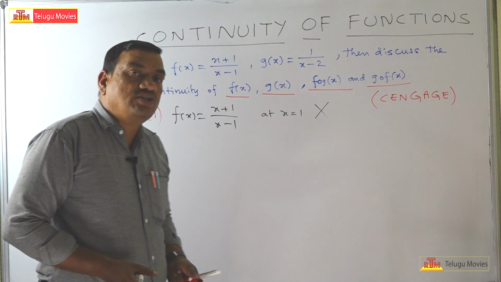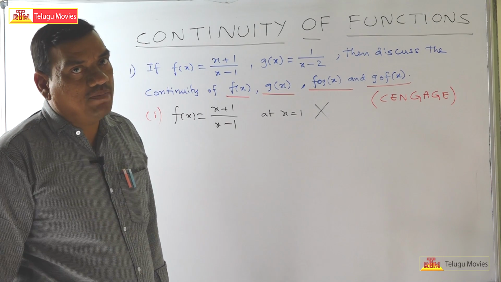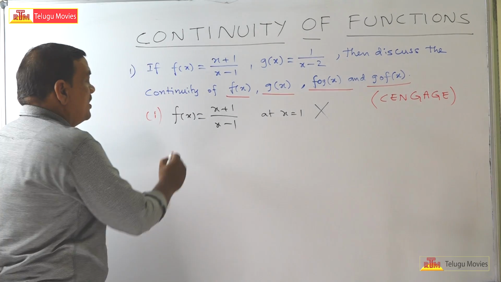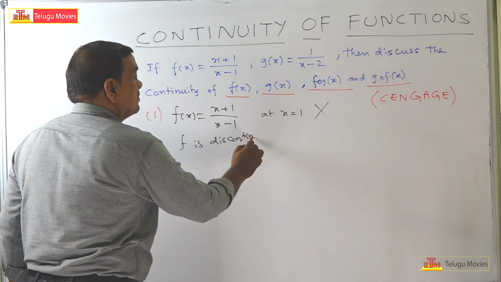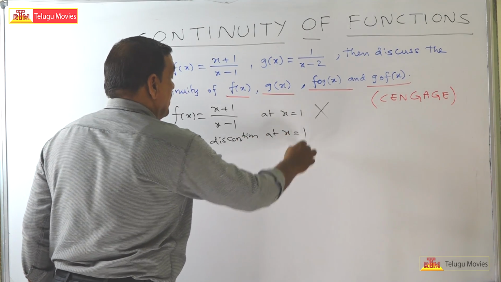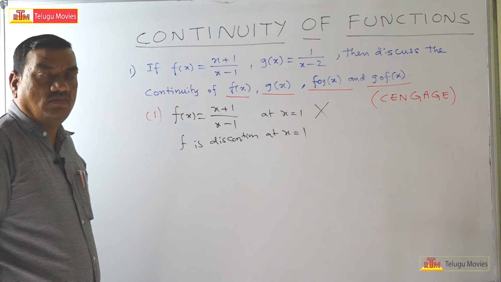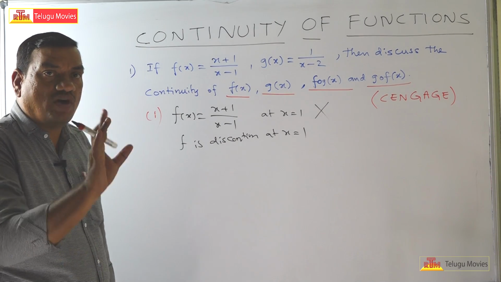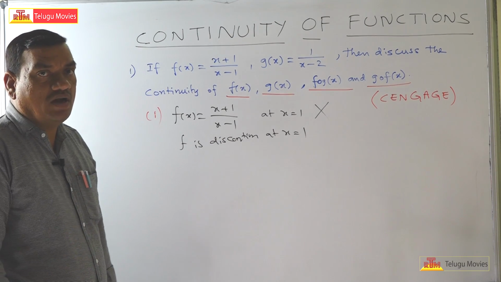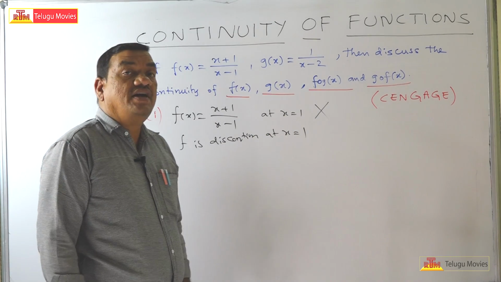When the denominator is 0, it is not a real number. Therefore, clearly f is discontinuous at x is equal to 1. In all remaining places it is continuous, but at x is equal to 1 it is discontinuous, because it is not defined at x is equal to 1.